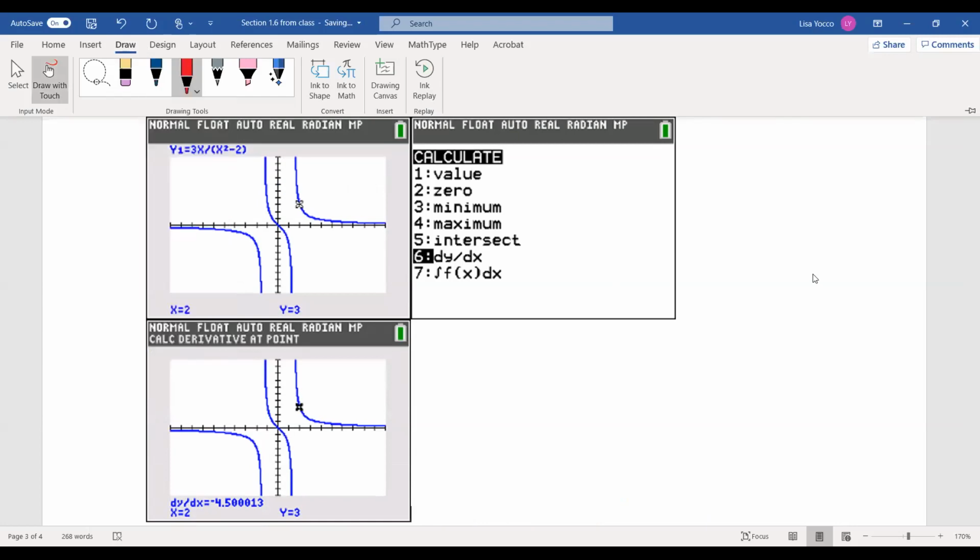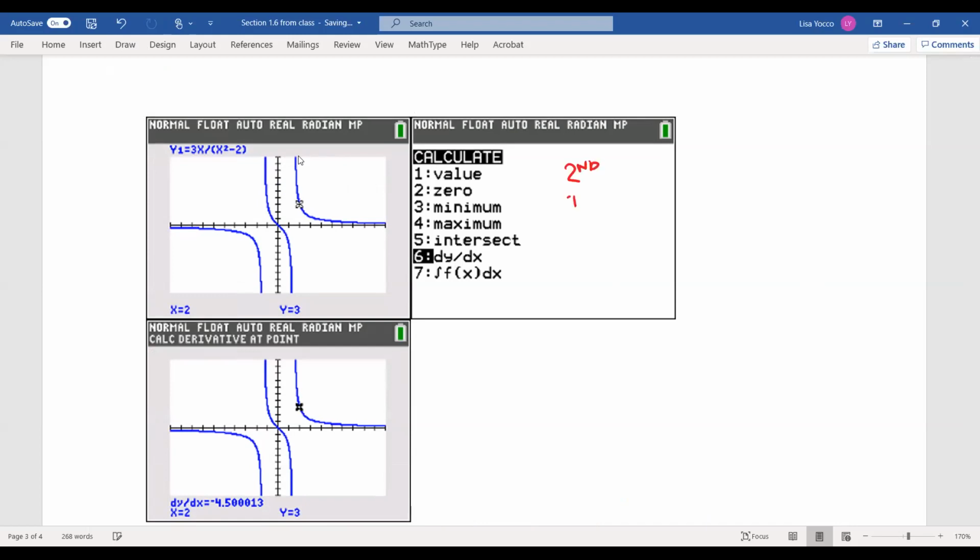All right. So again, in that first screenshot is the graph of the derivative. I chose second and trace to get to the graphing calculate menu, and then press here, you just press 2 and enter, and it gives you the derivative, which is the slope.